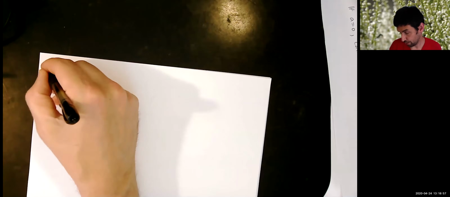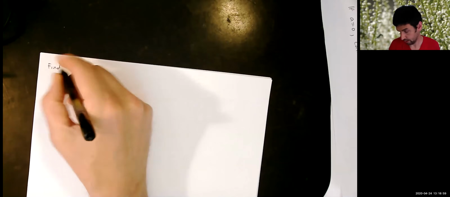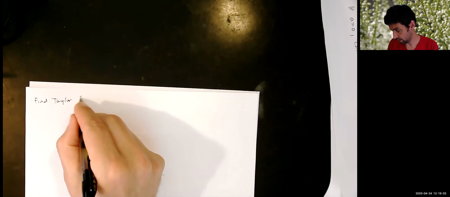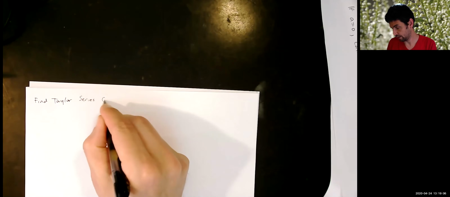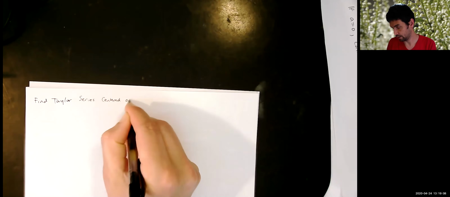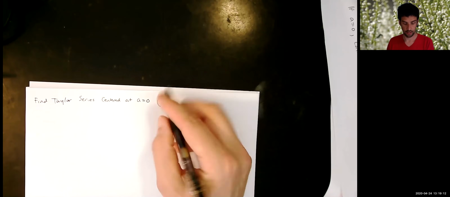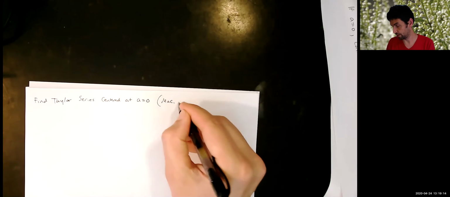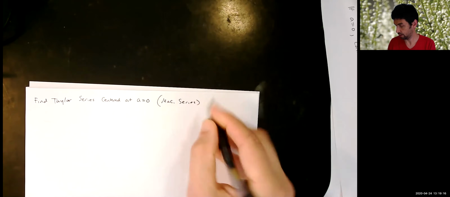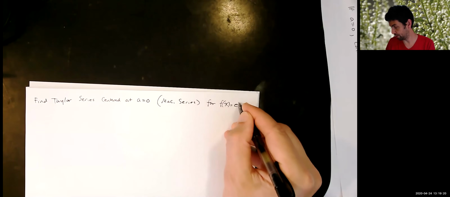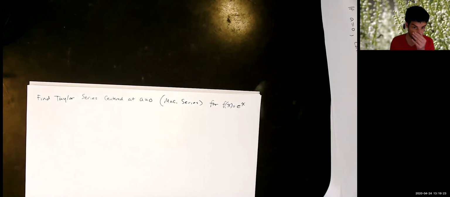Okay, so we're going to find the Taylor series centered at a equals 0. All right, this is our Maclaurin series for f of x equals e to the x.